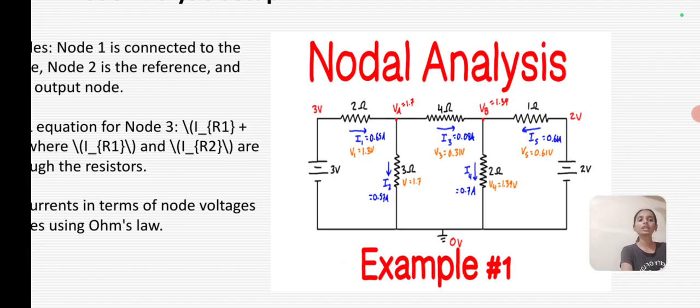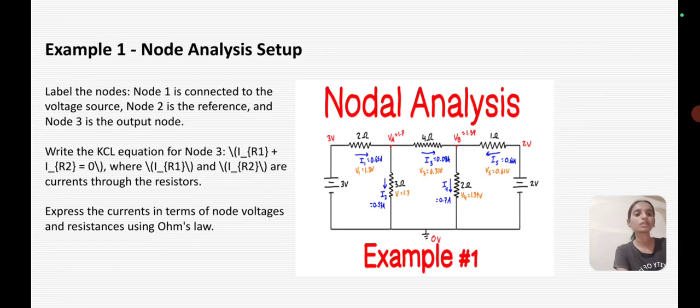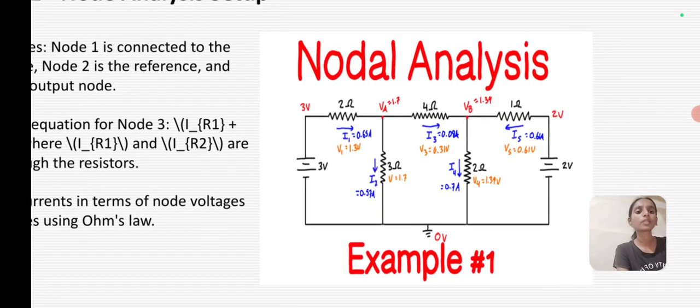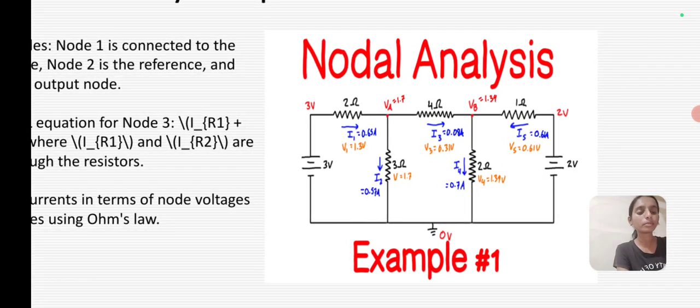We'll be having equations as per the KVL rule. As of this, we'll be applying to other two nodes and we'll be getting the final answer as 2 volts. In this ground, we will be having 0 volts.